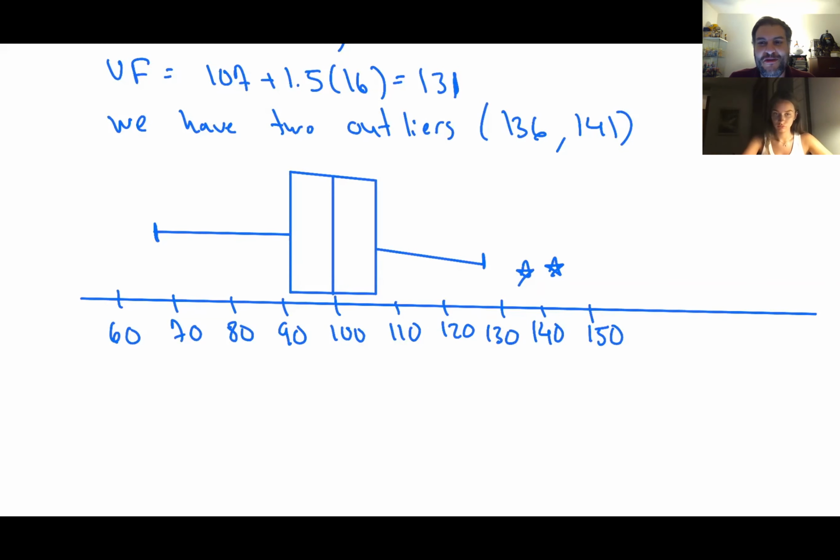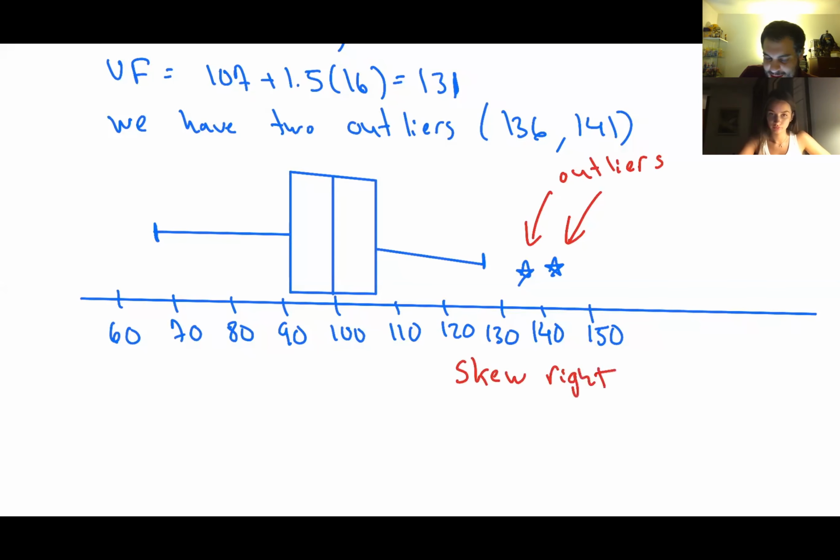Well, if you look at this one, do we have outliers? So we have these outliers, and these outliers essentially are pushing it away. Since we have the outlier on the right side, this one you should say skew right. Because hypothetically, if there were no outliers in this one, then we could say symmetric.